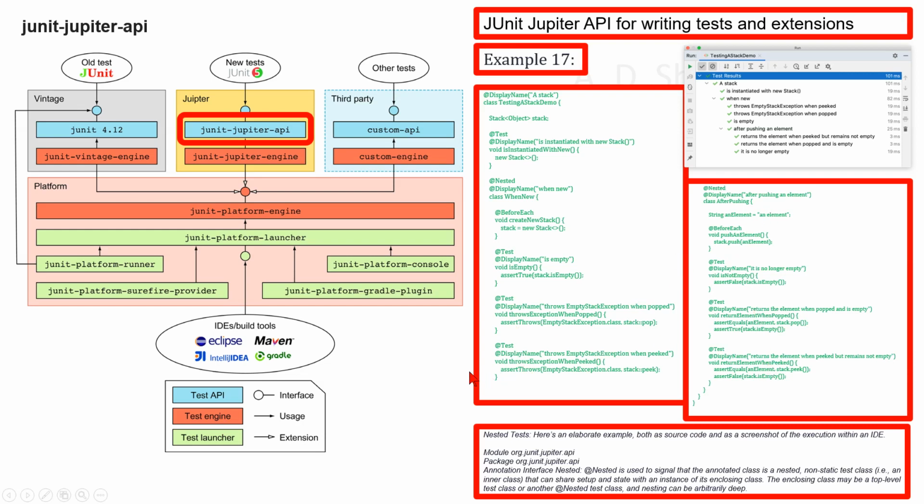For example, the create new stack method is a @BeforeEach lifecycle method that is used in the test class in which it is defined, and in all levels in the nesting tree below the class in which it is defined.